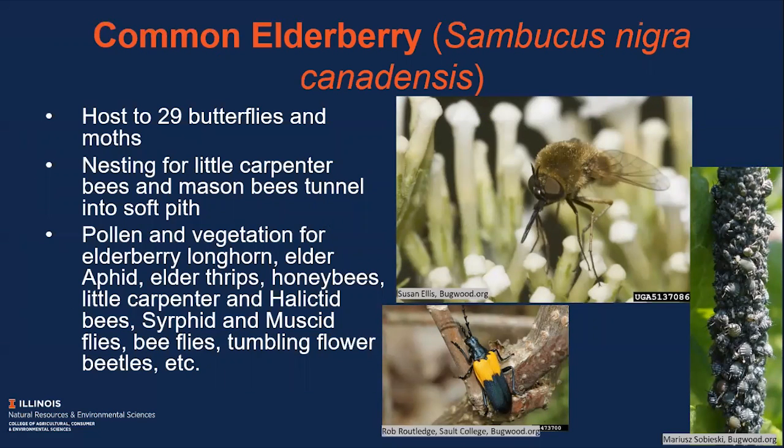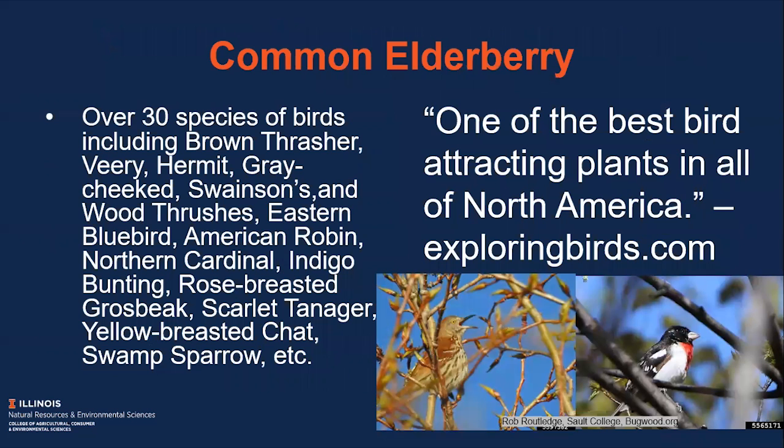It is a pollen and vegetation resource for a number of other insects, such as the elderberry longhorn, pictured there on the bottom left, and elder aphids, pictured there on the right, and a whole suite of honeybees, other types of bees. We have pictured here on the top a bee fly, one of my favorite insects. Just really kind of interesting looking creatures that are going to be able to make use of this.